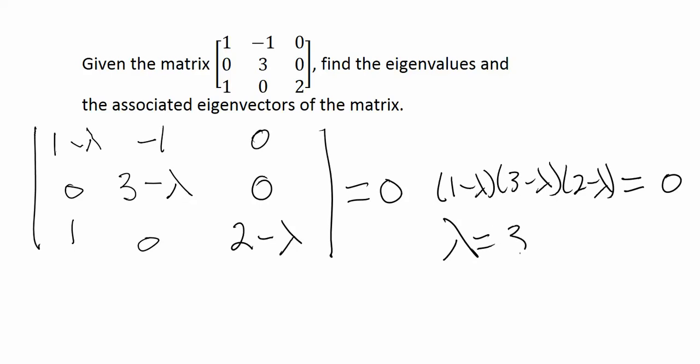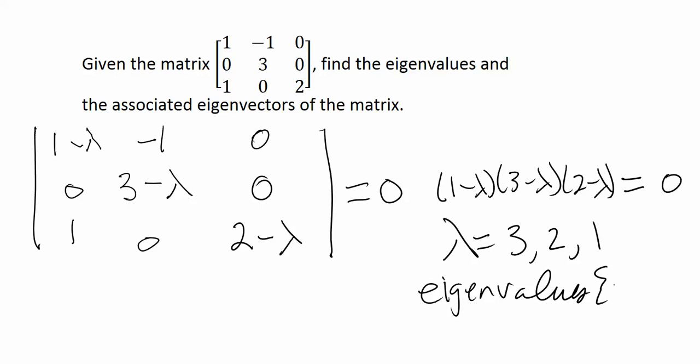Lambda is equal to 3, or 2, or 1. So those are the eigenvalues. They're 3, 2, and 1.